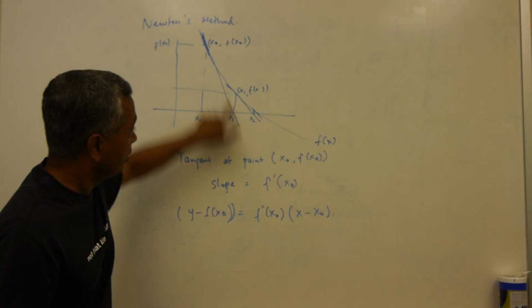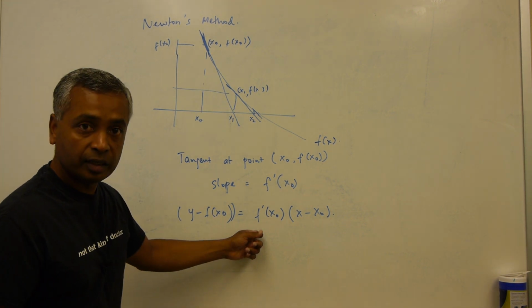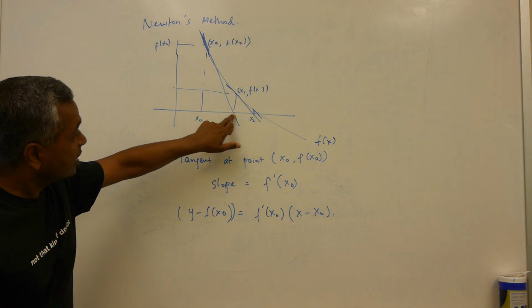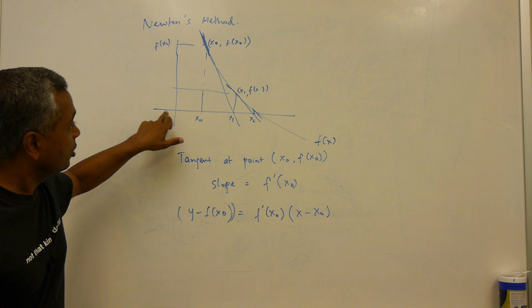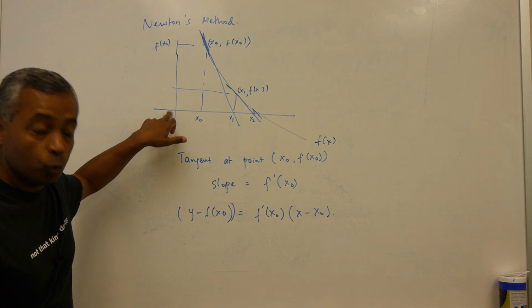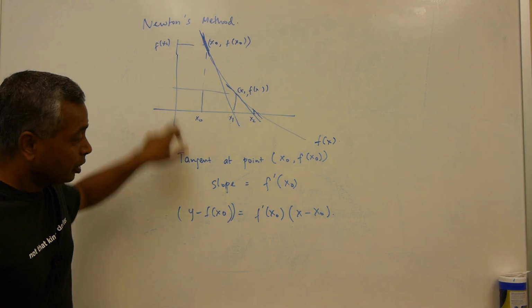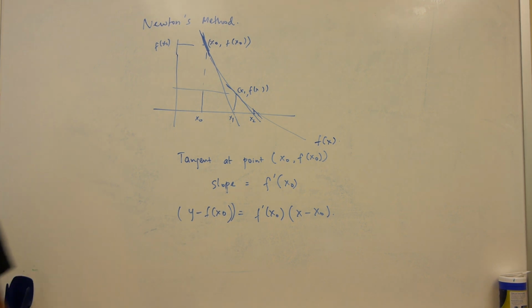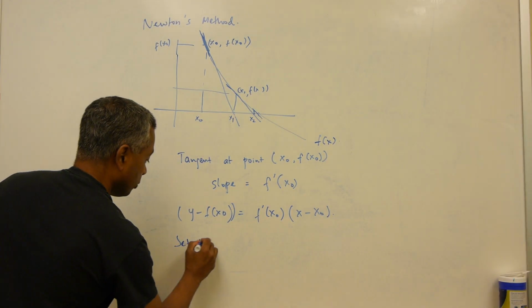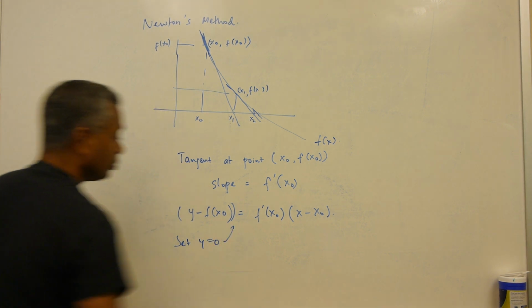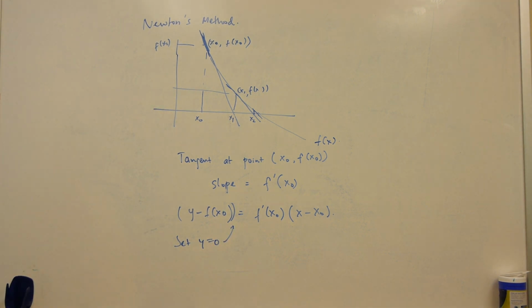Now, to intersect this line with the x-axis, remember the x-axis simply corresponds to the point y being equal to 0. I just have to put y equals 0 in this equation. So you set y equals 0 in this equation to get your next iterate.